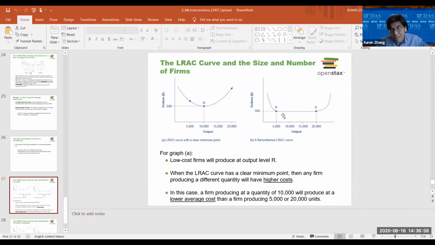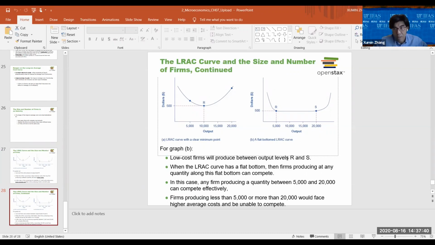But in this case, the companies can be many, and they can all be different sizes. Why? It can start from 5,000 as the output, the smaller scale, or the larger scale, which is 20,000. So they can be evenly distributed within this constant returns to scale range. That means they all minimize their costs, okay? So this is the idea.